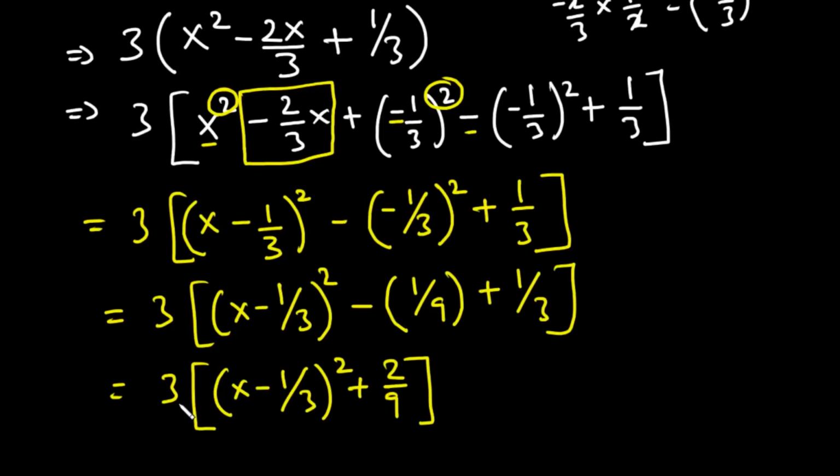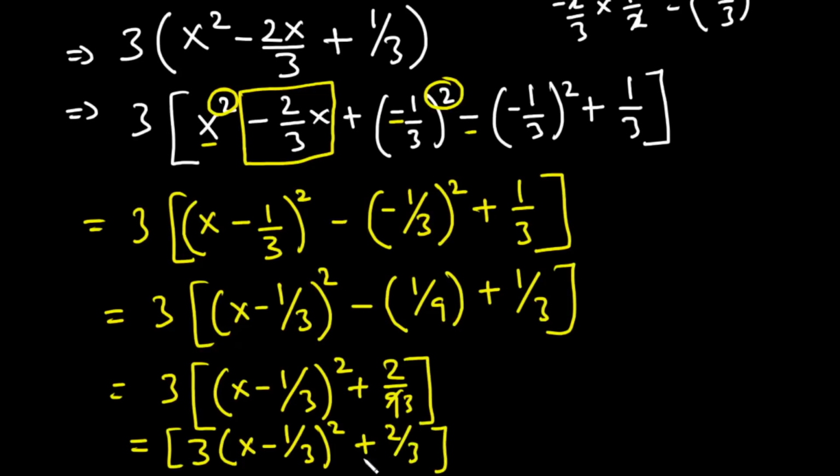So now let's multiply the 3 across. So we are going to have 3 into bracket x minus 1/3 all squared plus 3 goes into itself once and then into 9 3 times. So it's going to be 2/3. So from this, the minimum value is 2/3. And then to find where it occurs, we need to equate what's inside the bracket to 0.